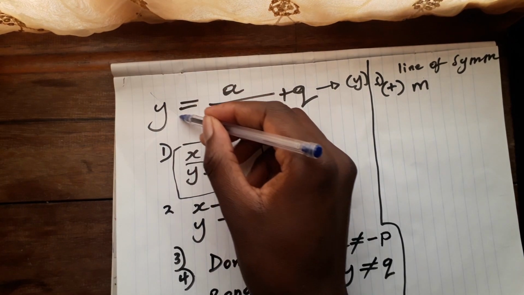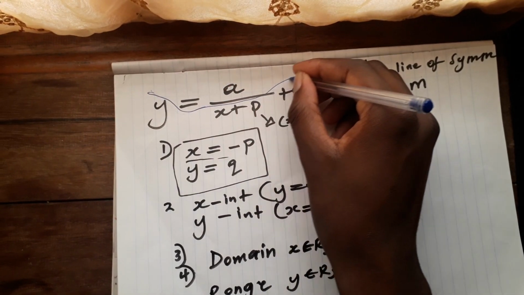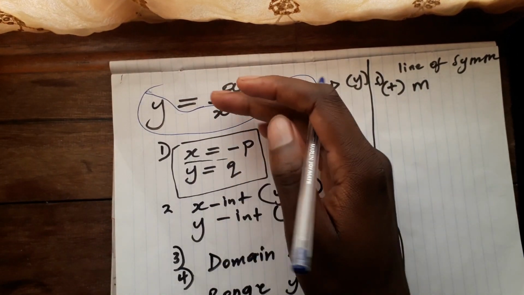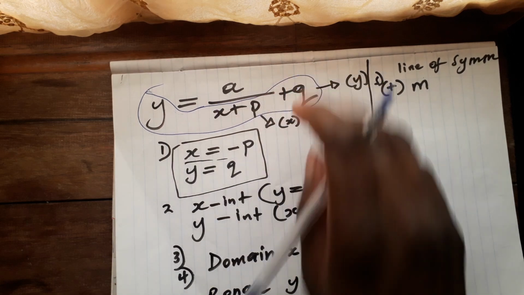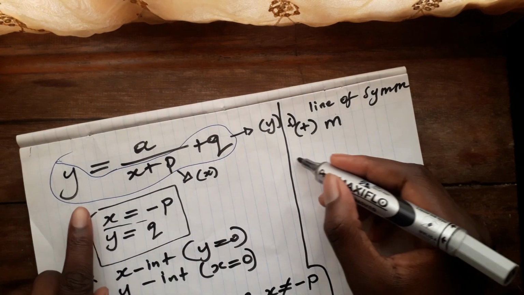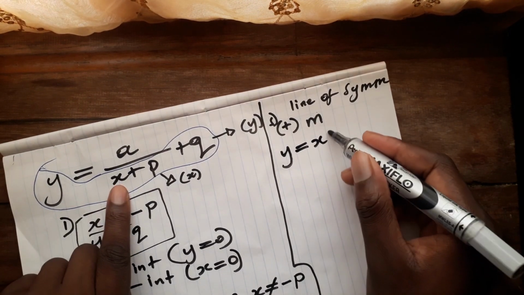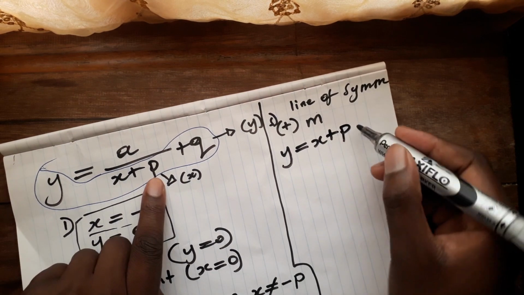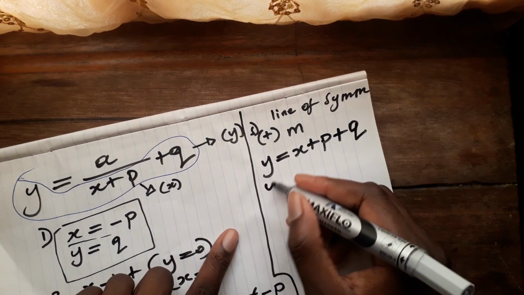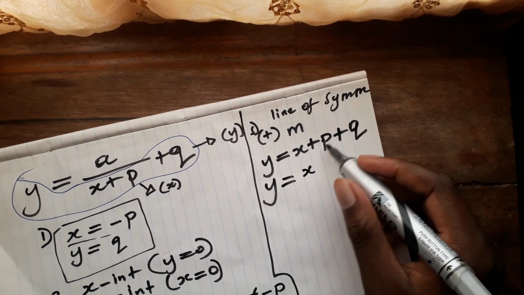You take y equals this. Actually, just leave out a and take everything that is here. It means that it's going to say y equals x plus p, plus q.